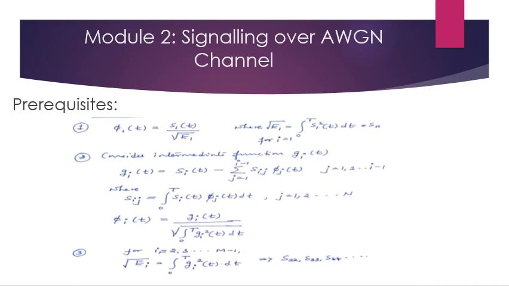And the third formula is root Ei, which is defined as the integration from 0 to T of gi square of t dt, where we can get the values of s22, s33, s44 and so on.